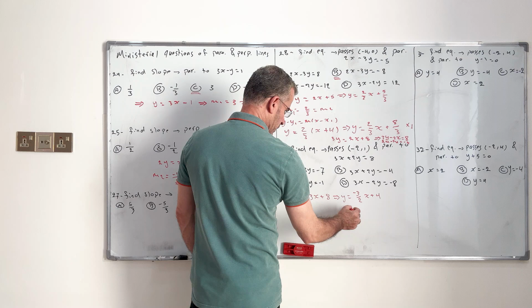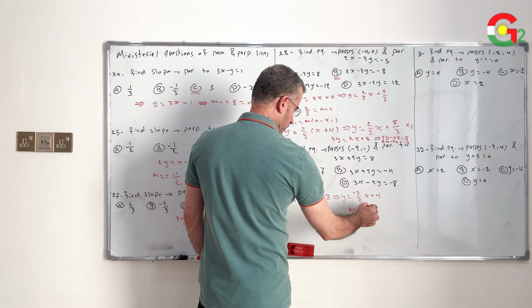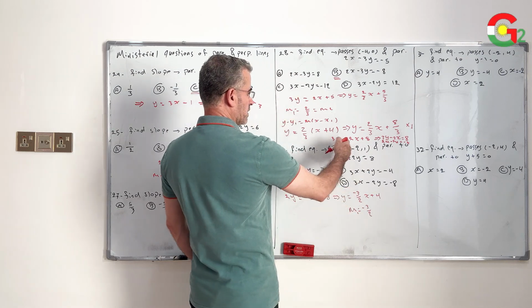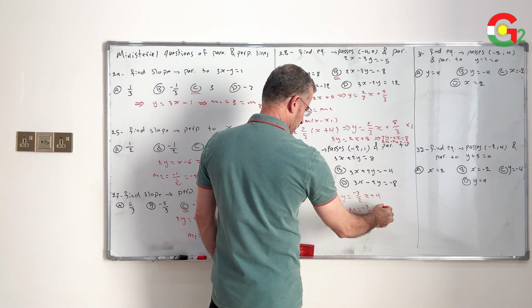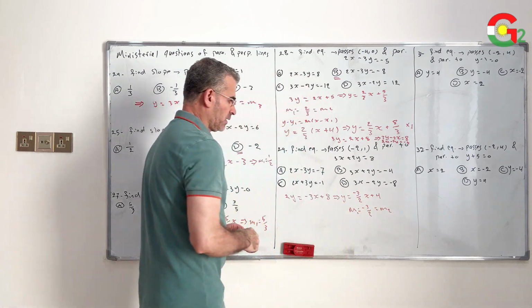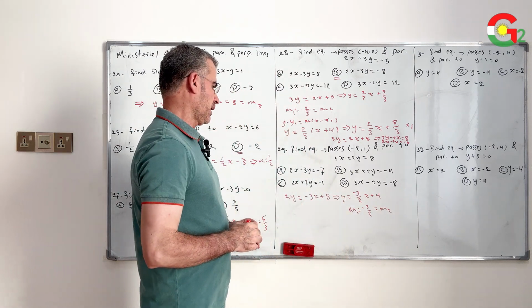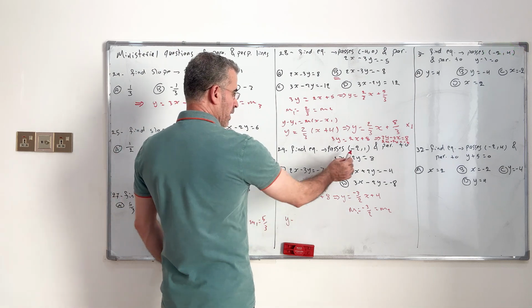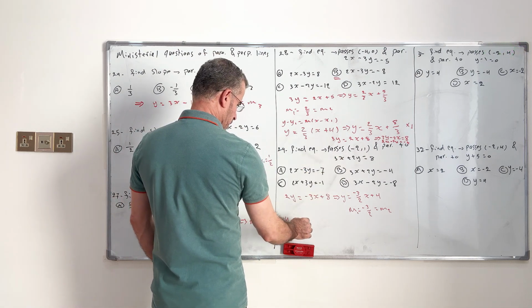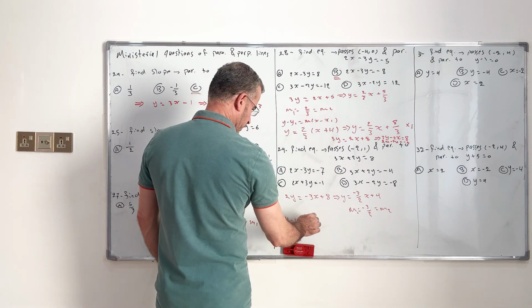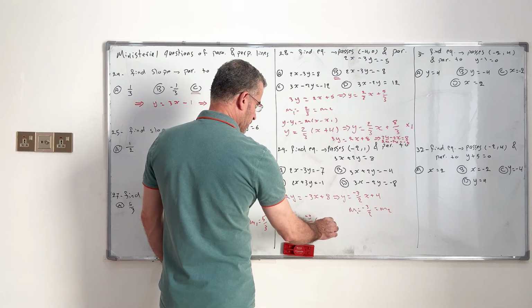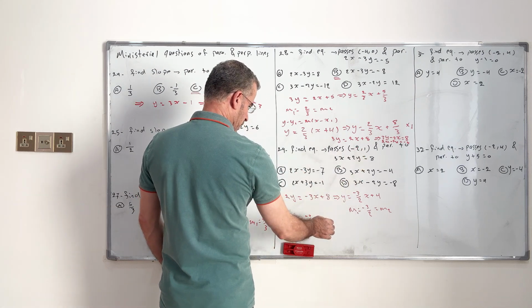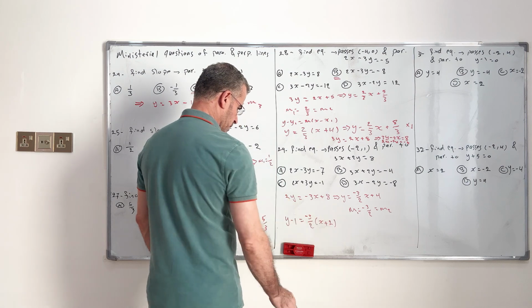Then the slope equal to negative 3 over 2. Then, since the two lines are parallel, it's equal to the slope of the second line. Then y minus y1 equal to the slope negative 3 over 2 times x minus x1, minus negative 2 will become plus 2.